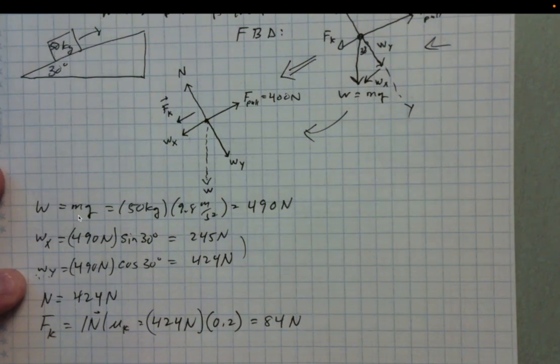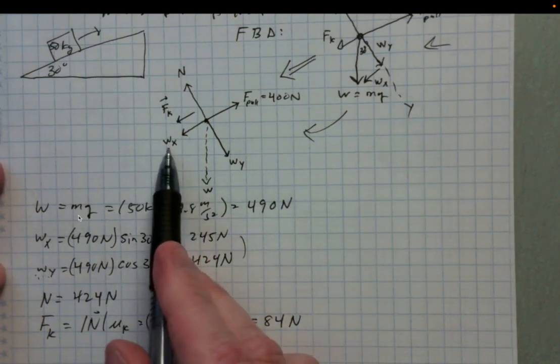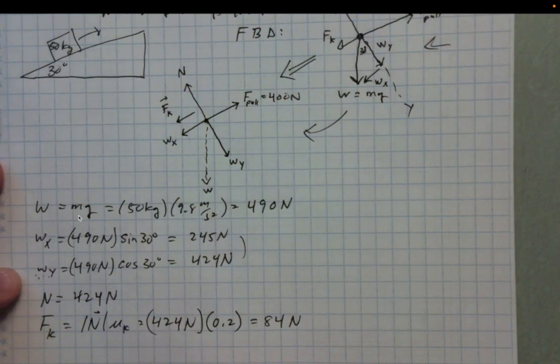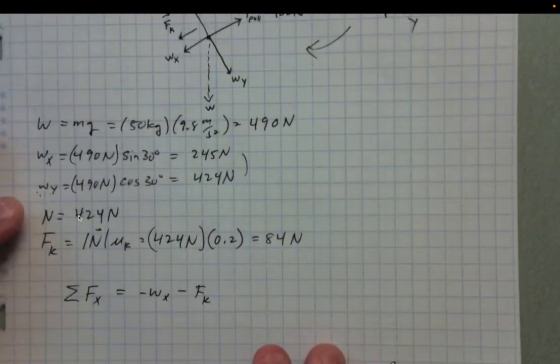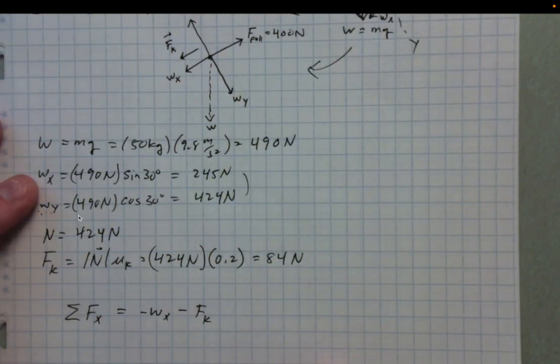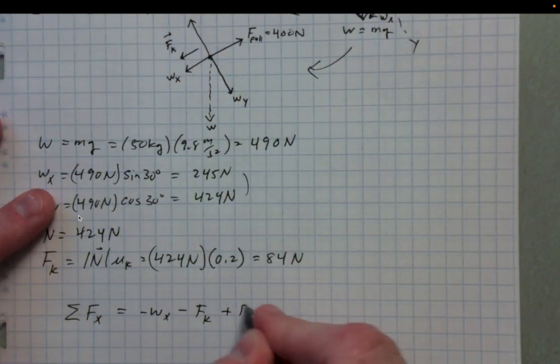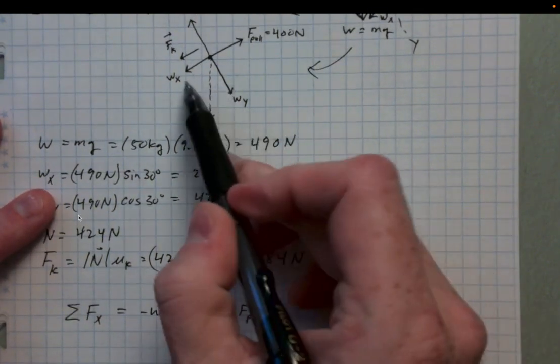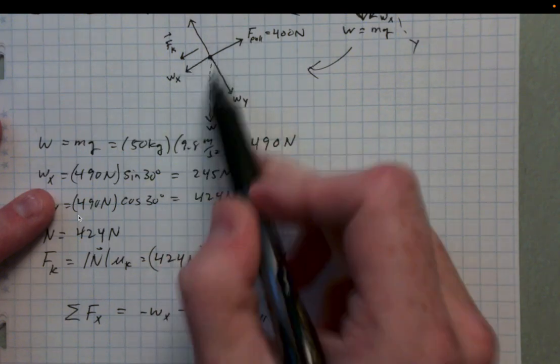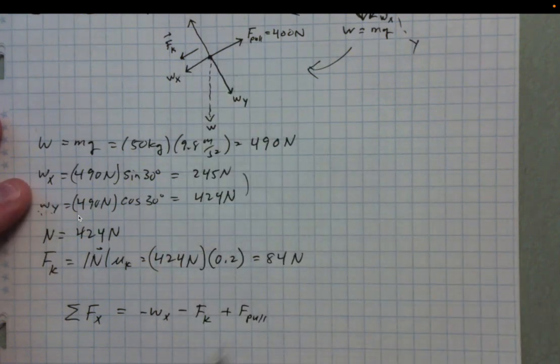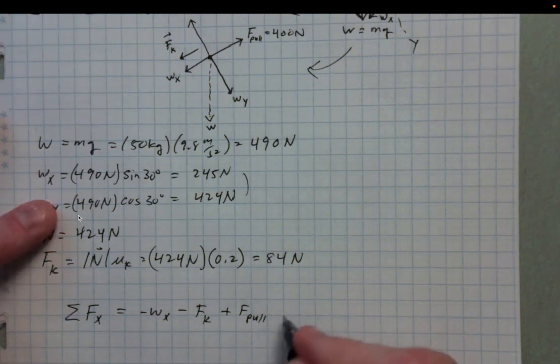So the sum of the forces in the x direction, what are they? Well, you've got negative W sub x minus F sub k, sorry about that, minus F sub k, and then plus F sub pull, right? So you've got this guy, and that guy, those three forces acting sometimes in concert and sometimes opposite. And these are all known quantities, so we can just plug the values in.